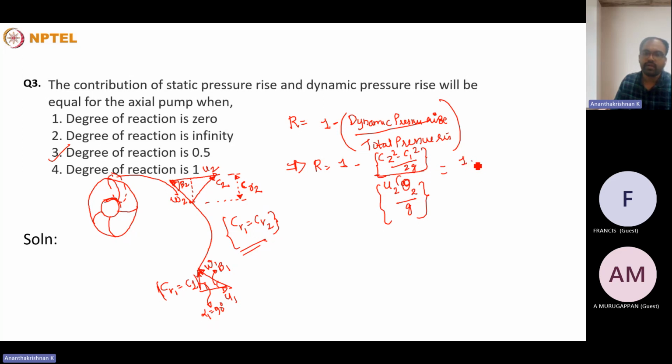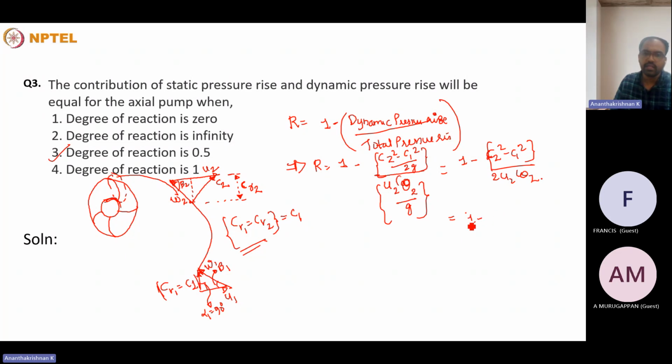So we'll try to reduce it. We'll get C2 squared minus C1 squared divided by 2 times U2 into C theta 2. In this analysis, we have written that CR1 equal to CR2, but since this is a swirl free flow, we can assume CR1 is equal to C1. Then the question is how to change this numerator term to some quantity which we know.